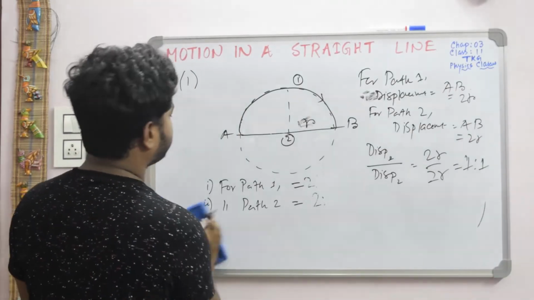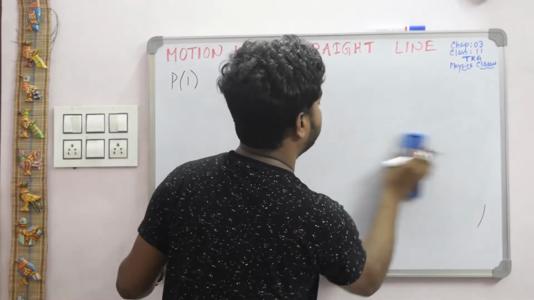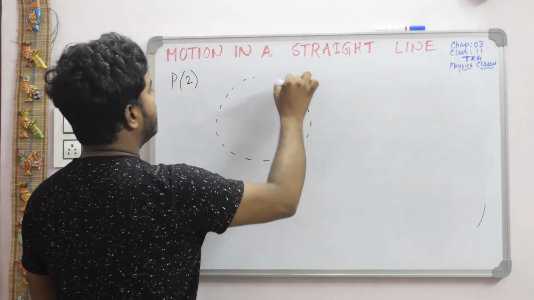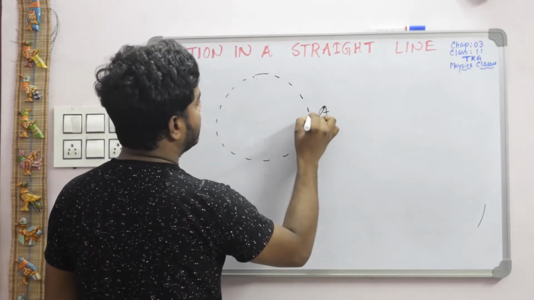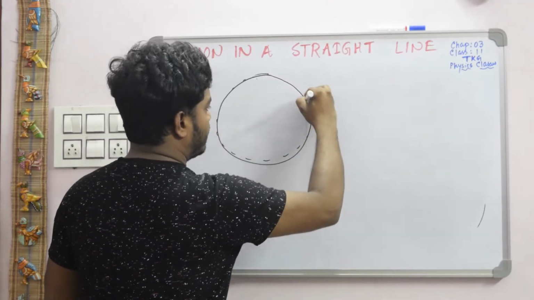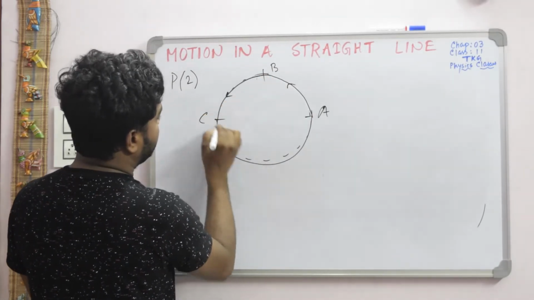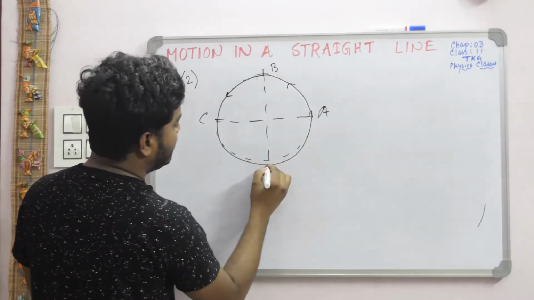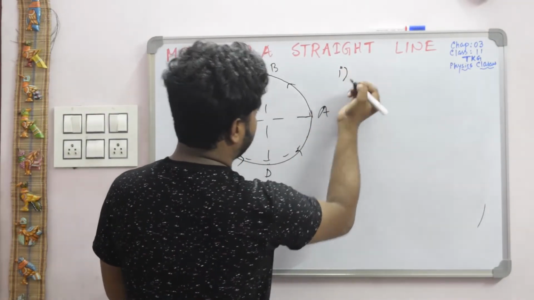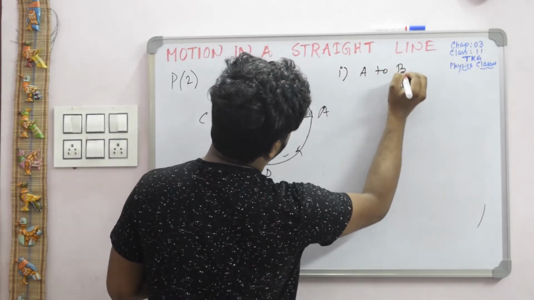Now another example, problem 2. A body is moving along a circular path starting from point A. That is, the body moves from point A to point B, then B to C, then C to D, and finally D to A. Now we have to find the distance and displacement when the body moves from A to B, both distance and displacement.